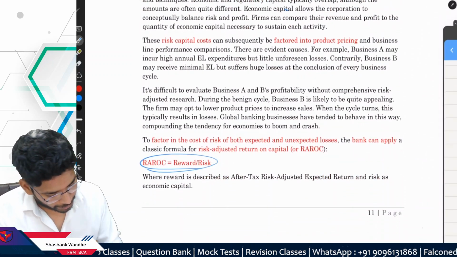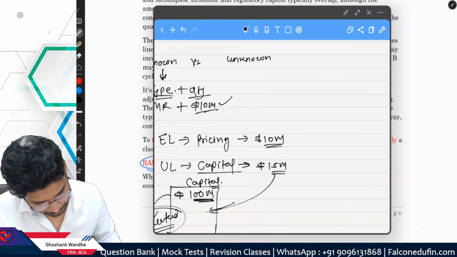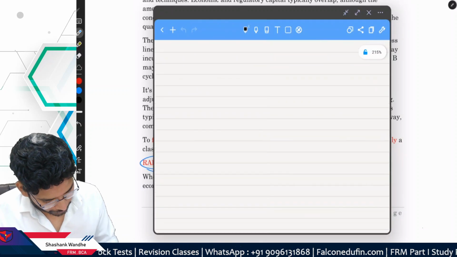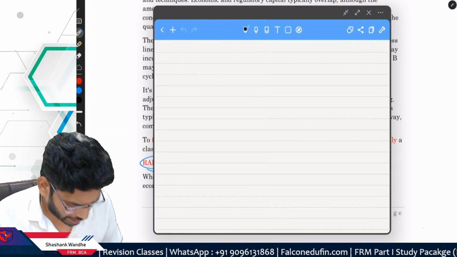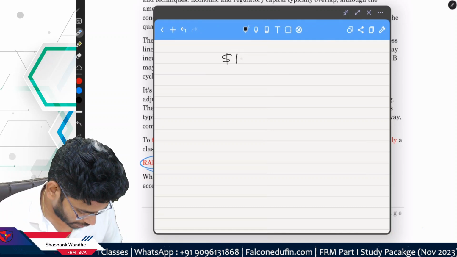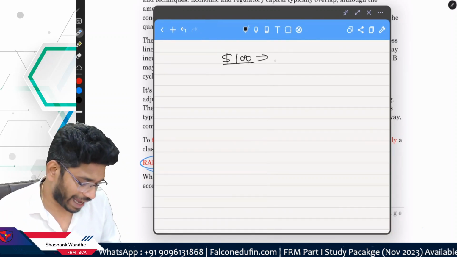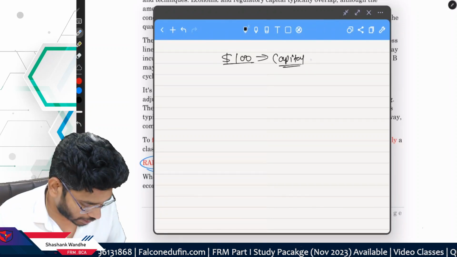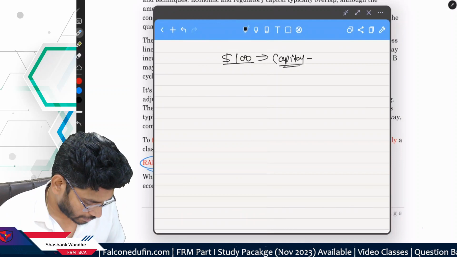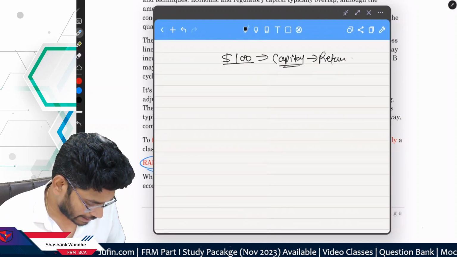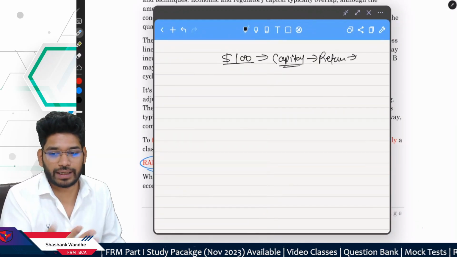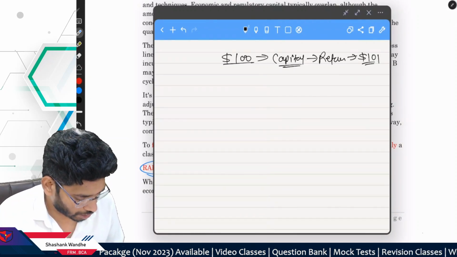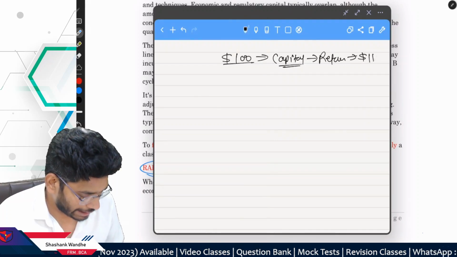Then, with this economic capital, for example, whenever you are purchasing shares, say you purchase shares worth $100. This is the capital you are putting, and you have some expectation of return. Say you bought this share for $100 and at the end you are able to sell it for $110.